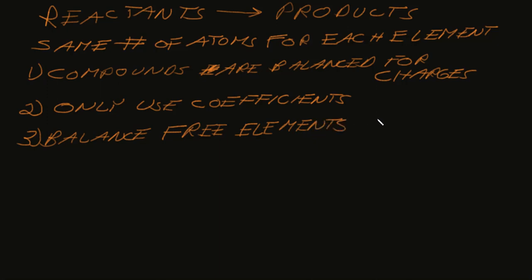It's easy to put a coefficient in front of a free element without really affecting any other atoms in a compound. So that's why we always like to balance the free elements last. It's a good general rule to remember.